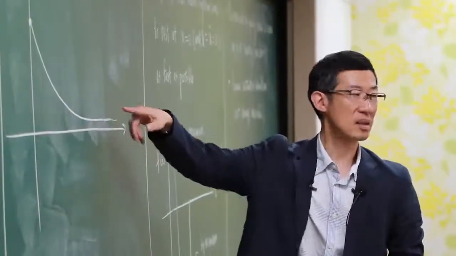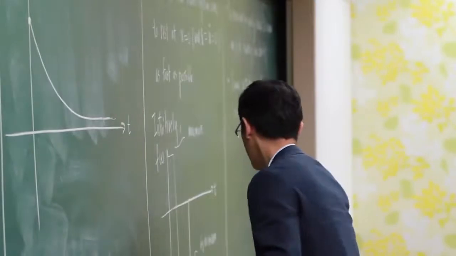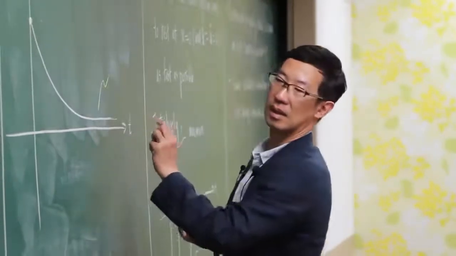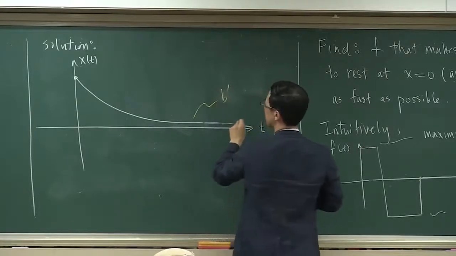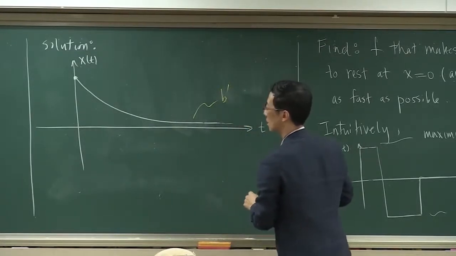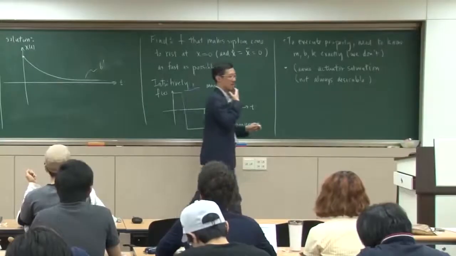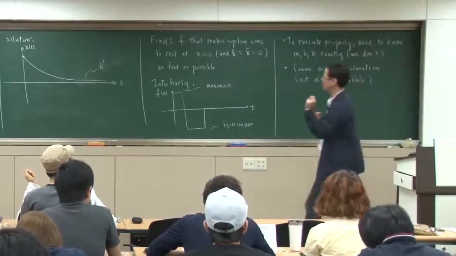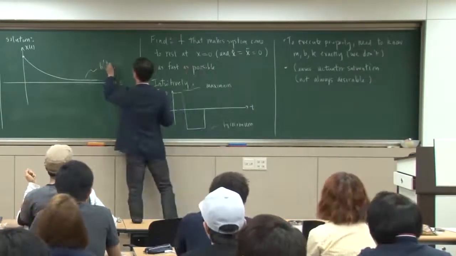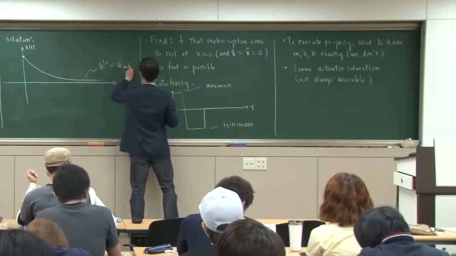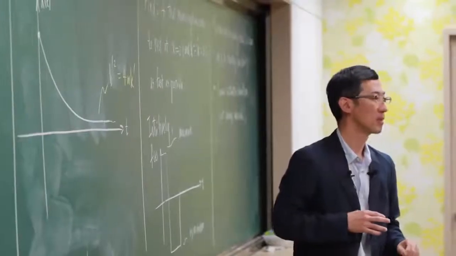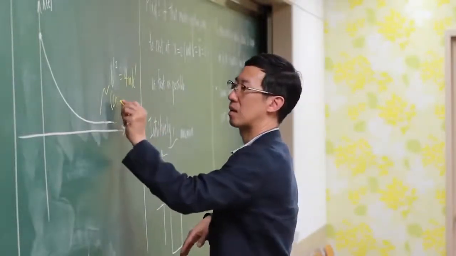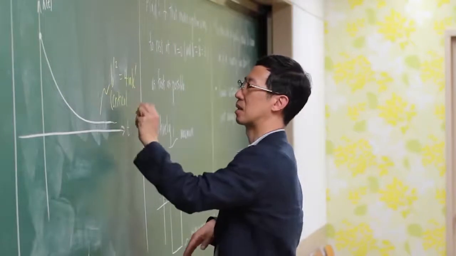We achieve this best case when b prime squared equals 4 m k prime. And this we call the critical damping case.